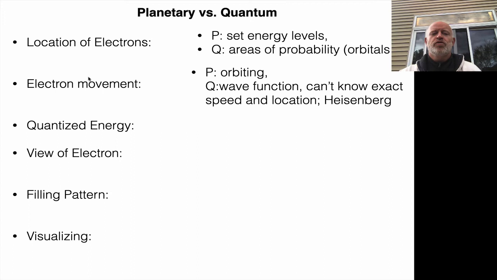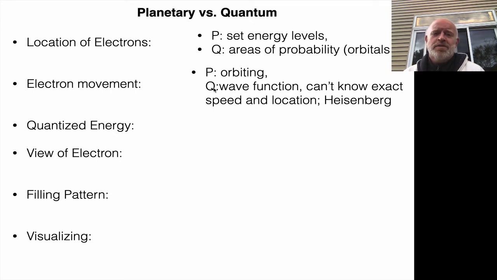Now, in terms of movement, right? So the planetary model focused very much on this orbiting type of movement, using that idea of the planets around the sun. The quantum model no longer does that. So we have to really exclude this word orbit from the quantum model completely, right?